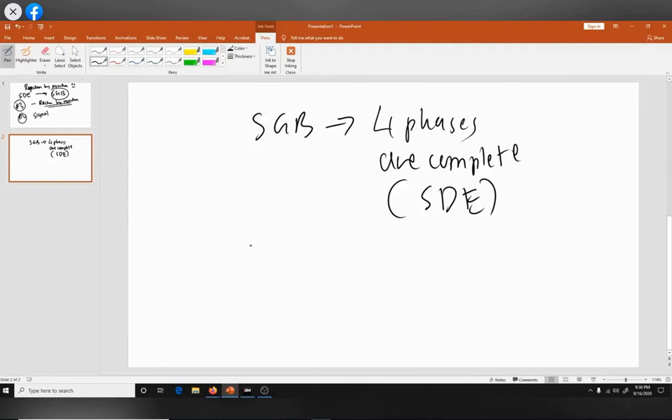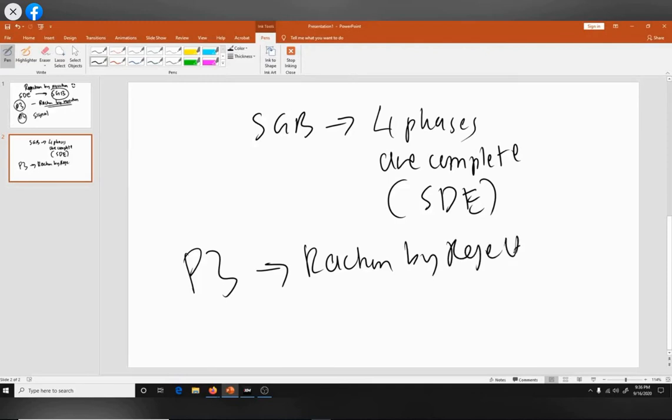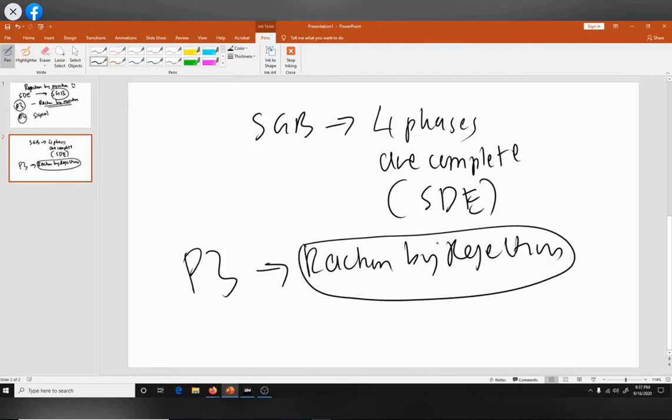Then the most important thing to identify the SGB is always phase 3, the reaction by rejection, because above the reaction by rejection, it will be the location of the SGB.